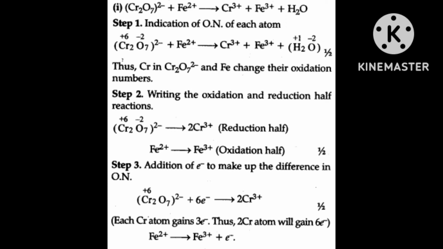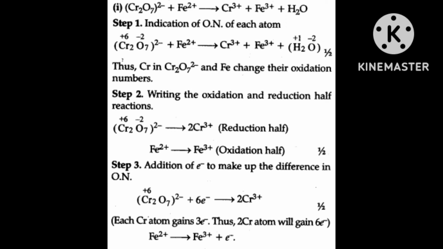But now what I told you, now you are doing the main step. Main step means oxidation, half oxidation you have written. Fe2+ is converting to Fe3+, 1 electron. This is the main first step. Okay. Now second step, Cr2O7. It lost how many electrons? One chromium has lost 3 electrons.